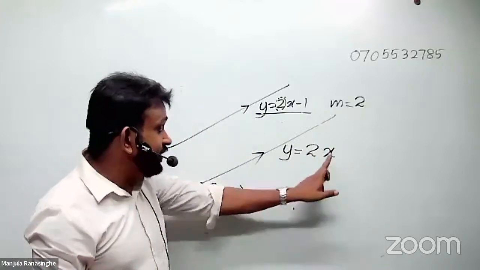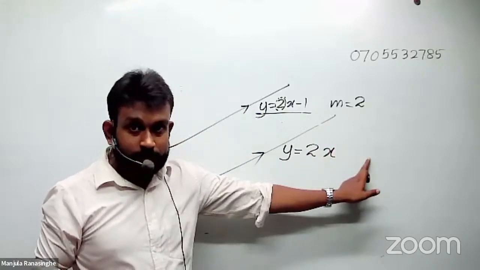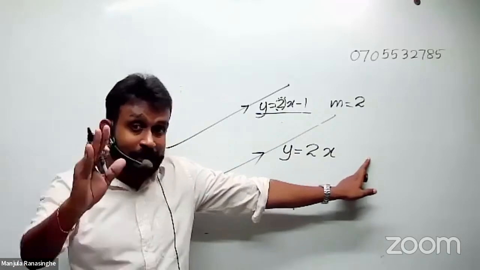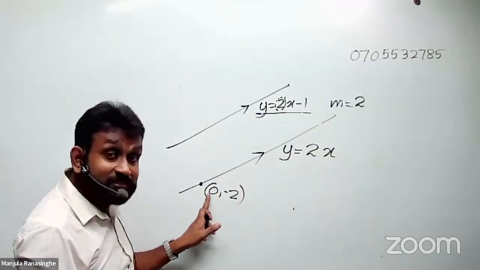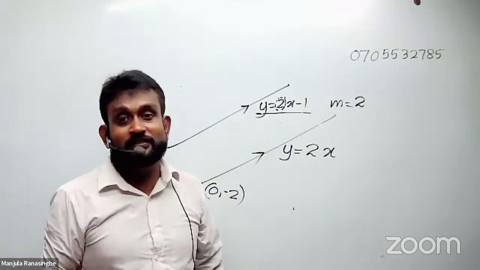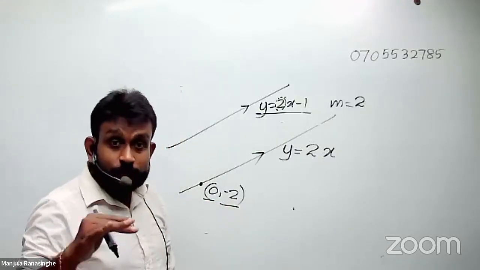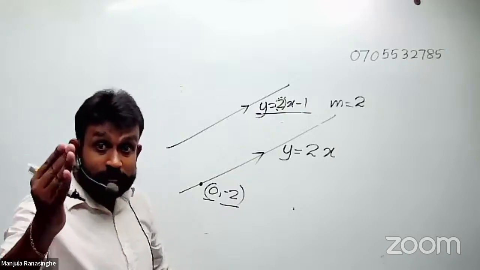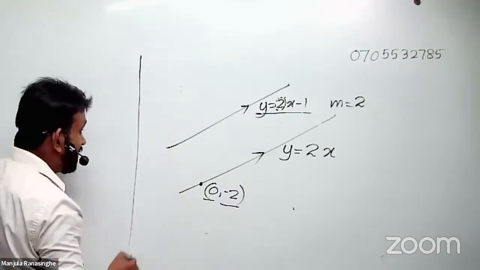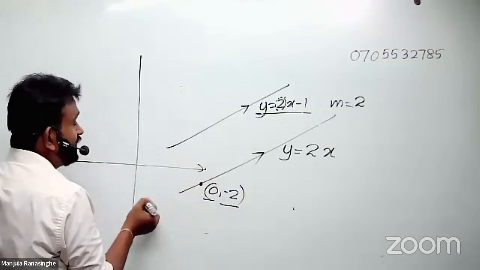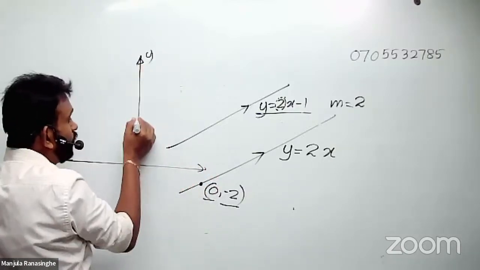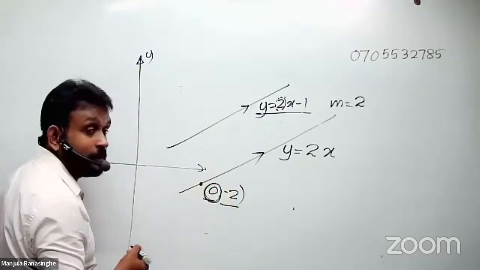The different thing is the intercept. You do not know the intercept, but it says the line passes through 0, -2. Remember the point 0, comma: last day I explained that a point with 0 first lies on the y-axis. The reason is that on the y-axis the x-coordinate is always 0.